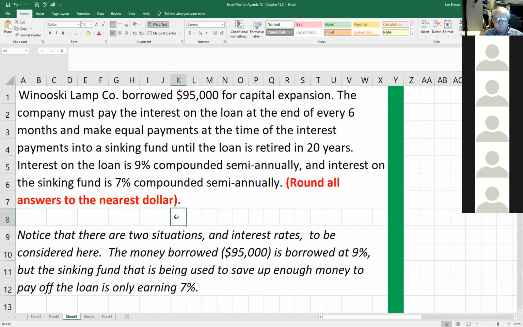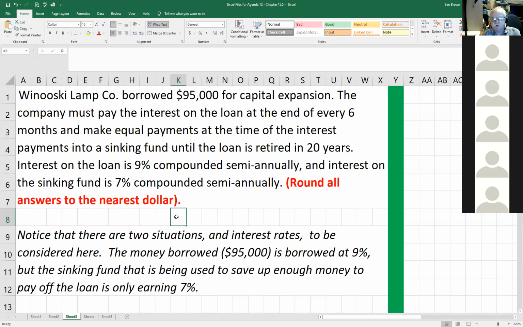And at the same time, they're putting payments into a sinking fund to pay back the 95,000. So the 95,000 is like a bond, and they're paying coupons or interest on the bond, but they also know that they have to pay the 95,000 back in 20 years.